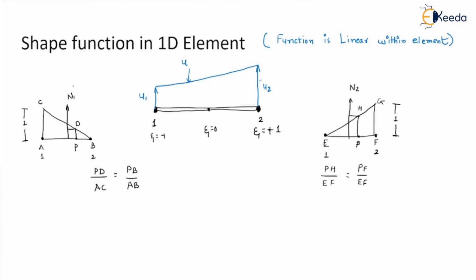So if I want to define n1, n1 will become (1 minus psi) divided by 2, and here the n2 shape function is defined as (1 plus psi) divided by 2, because the value is plus.